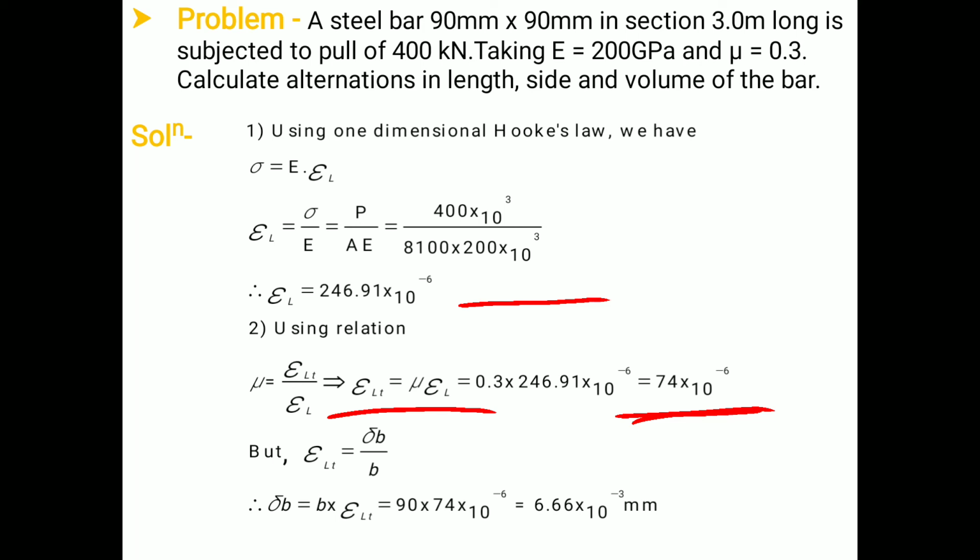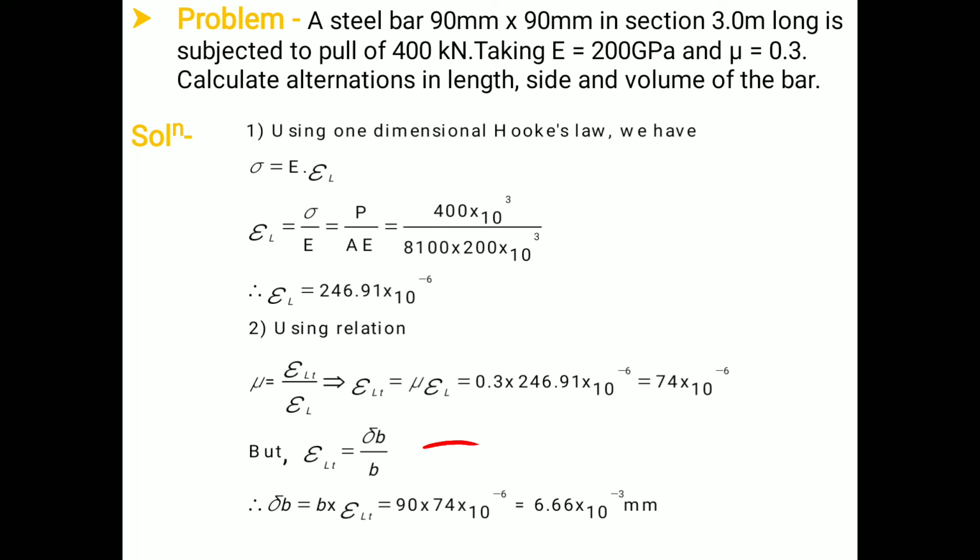But all of you know that lateral strain is nothing but the change in width to the original width, or change in depth to the original depth. But as per the numerical, we have to find out the value of delta B. This delta B upon B is nothing but the lateral strain, change in width upon original width.